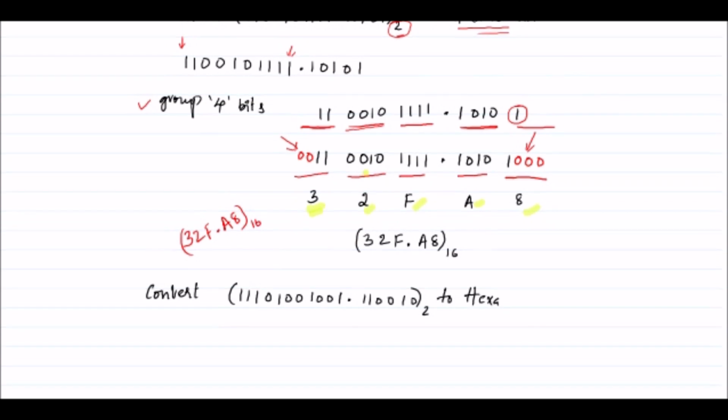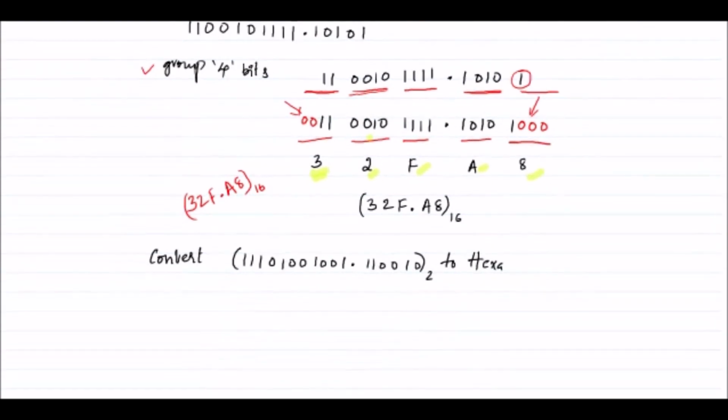Okay, so try to convert the example which I have given here. You can group 4 bits and try to get the answer for this, and we'll see in the next video binary arithmetic operations, like how binary numbers can be multiplied, divided, subtracted.